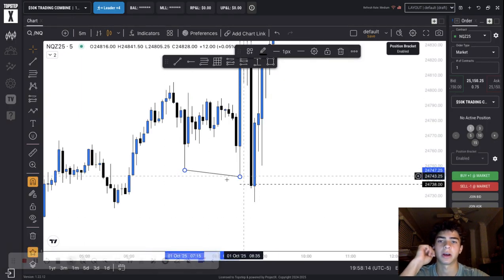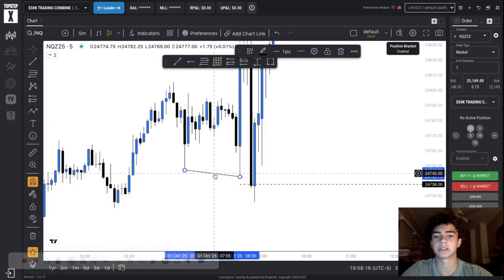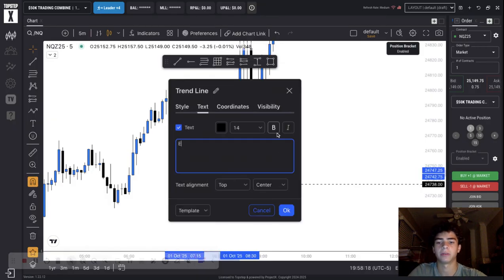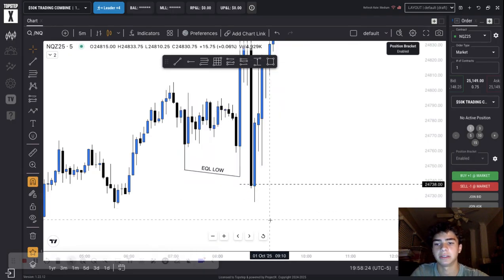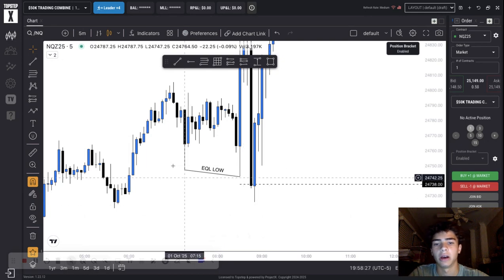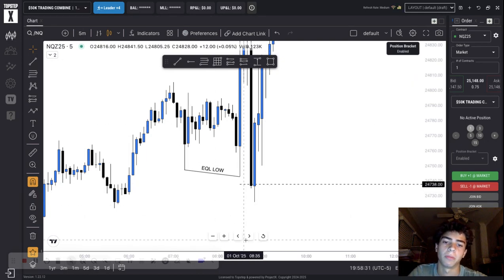Here's an example from yesterday, October 1st. Right at market open, we create these relatively equal lows right here. And then again, same as the example earlier, that wasn't enough to stop the traders out. So the market makes one more move, pushing lower to stop everyone out.